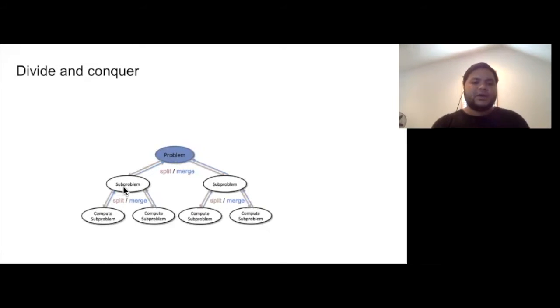We go to the left subproblem first and then see if this subproblem can be divided into additional subproblems. Suppose we can divide it into two additional subproblems. And at the bottom, we check if that subproblem can be divided further or not.